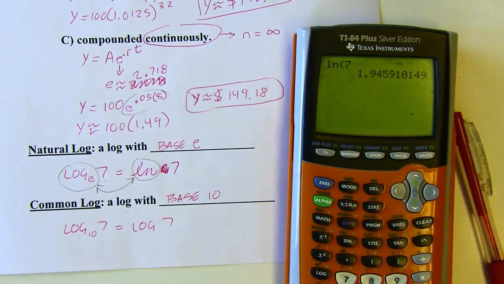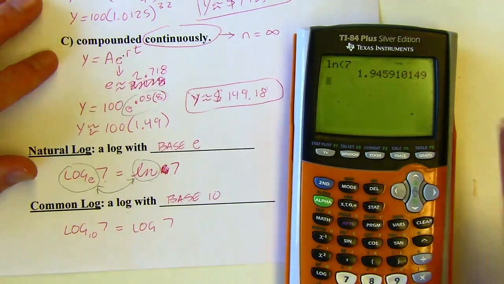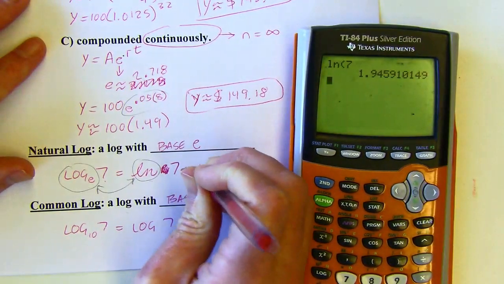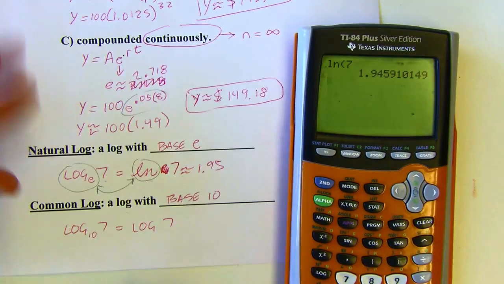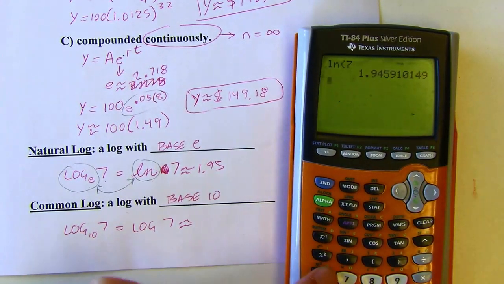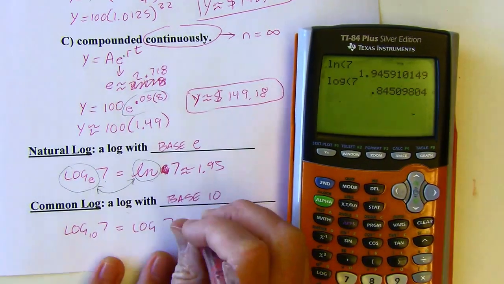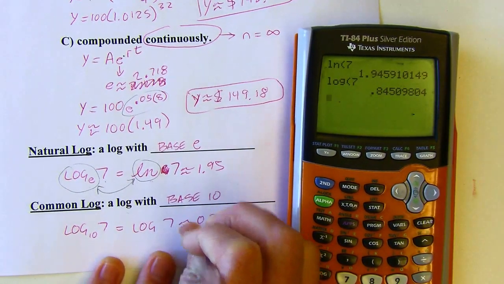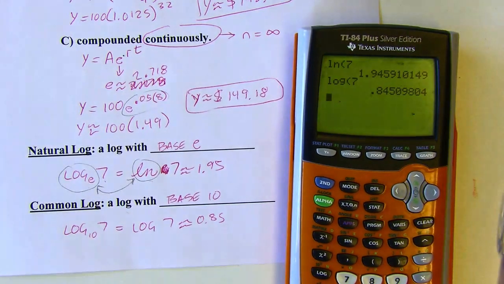So this would be about 1.95. Okay? And while we're at it, let's just get a decimal approximation of the log base 10 of 7. You just hit log 7, and that's about 0.85.